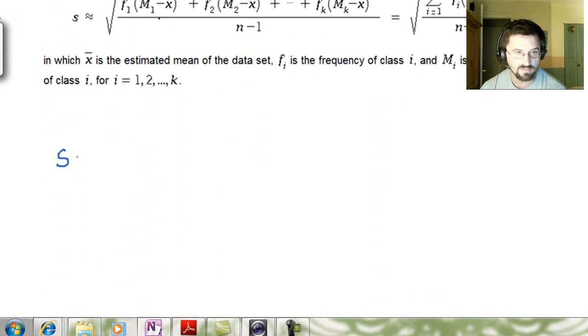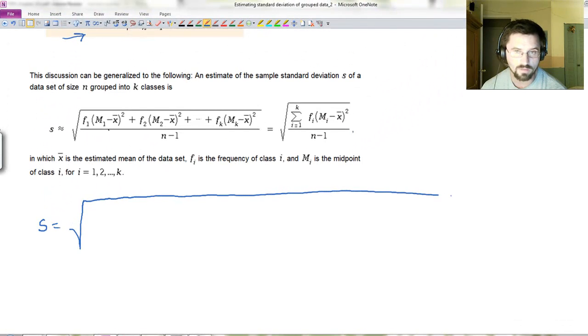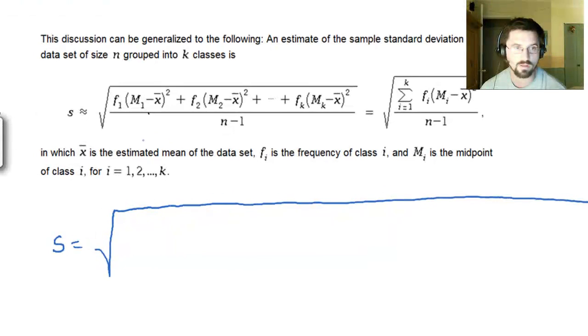We do S equals the square root, and I'm going to do a big square root. It says F1. F1 is the frequency of the first class, which was 12. The midpoint of the first class was 30. And then it says minus x bar.